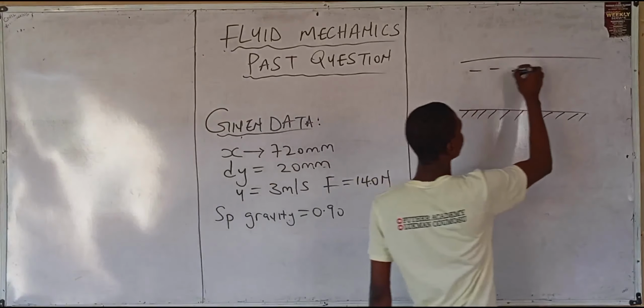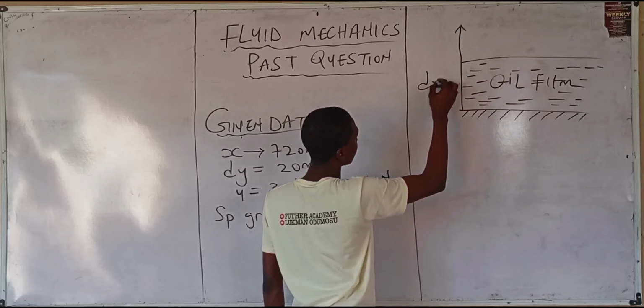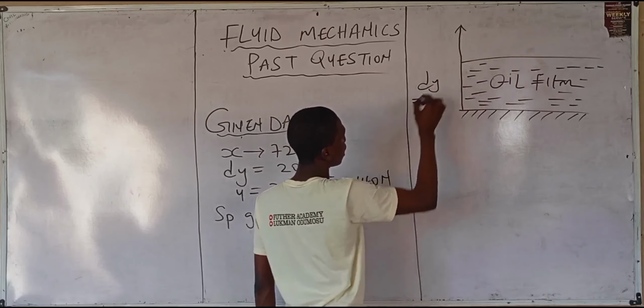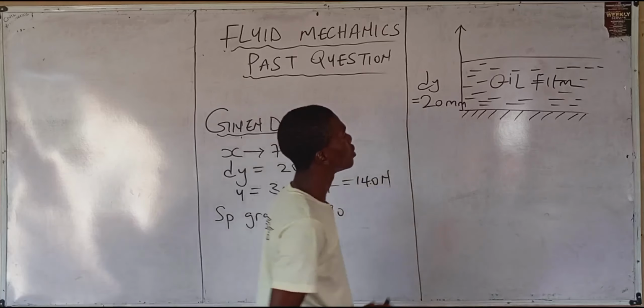Now, the thickness between the upper plate and the lower plate is dy, and we said dy is equal to 20 mm.